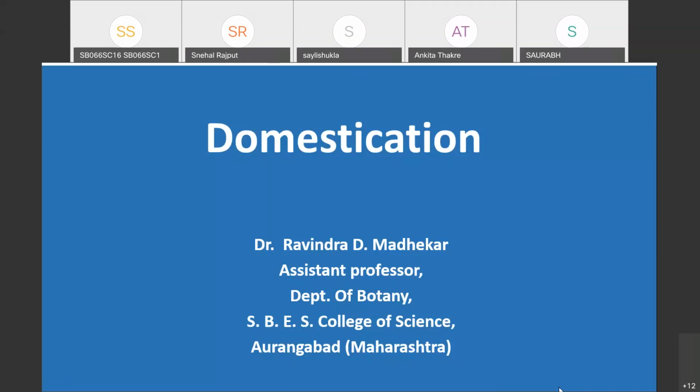Whatever the method, there are certain activities which are common in all these methods, carried out in a well coordinated manner. The first is creation of variation, second selection, third evaluation, fourth multiplication, and the last distribution.